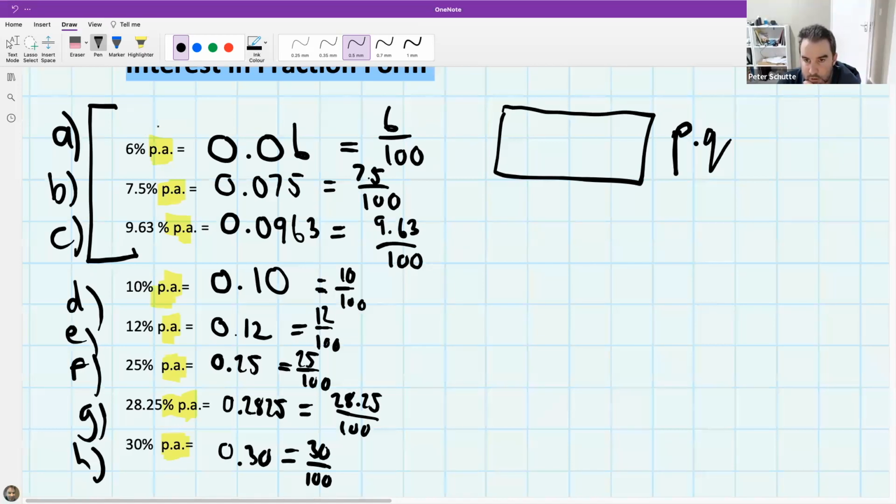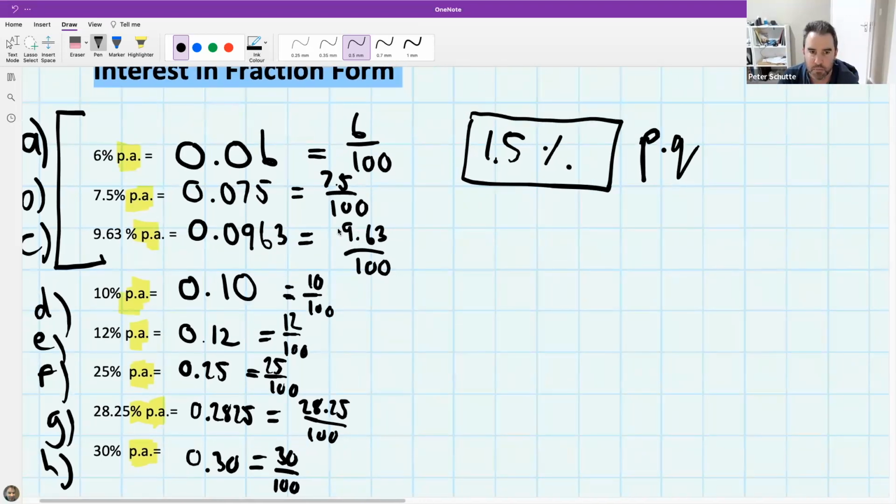There are going to be 4 quarters in a year. So 6 divided by 4 is just going to be 1.5% per quarter. I'm not going to do the decimal because you guys know how to do that. But can you see how, because it's 4 quarters in a year, I had to divide that by 4. So 1.5% per quarter would be a conversion.